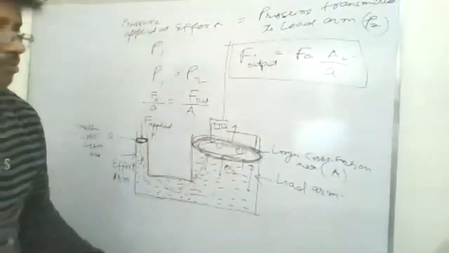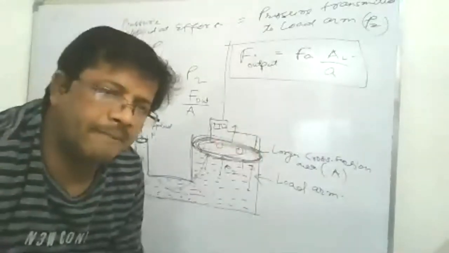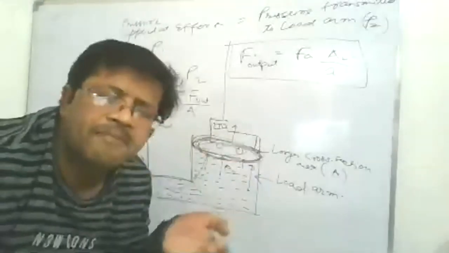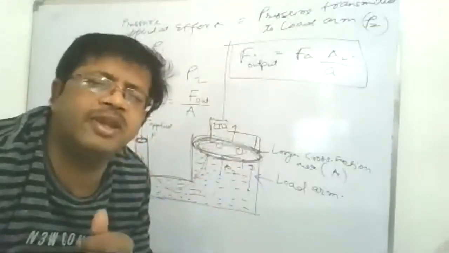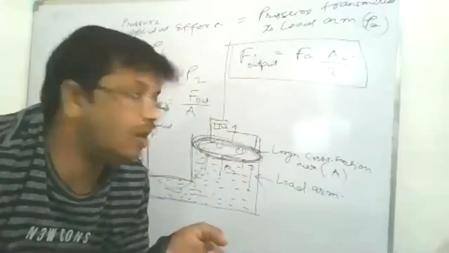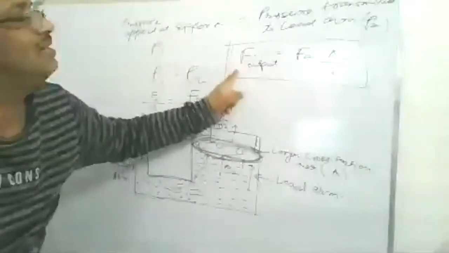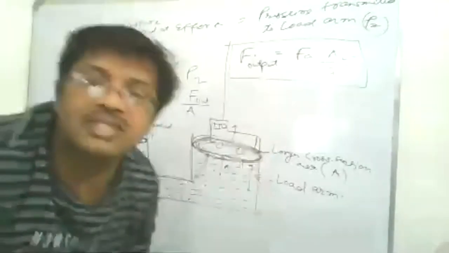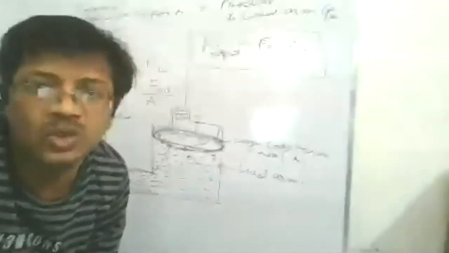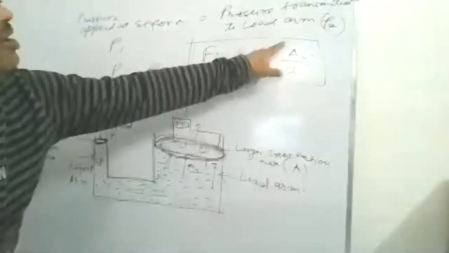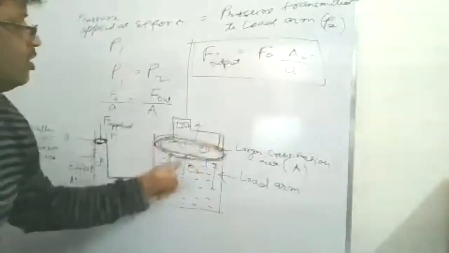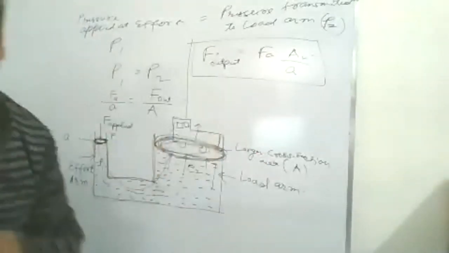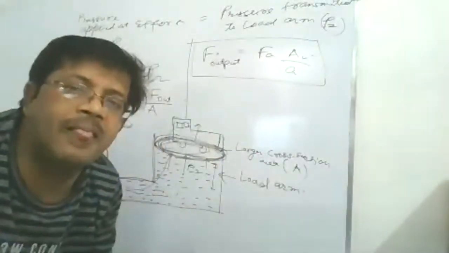What is the purpose of this lift? By applying a lesser amount of force, we can lift a very large weight. So the force gain is very large. It equals the ratio of the cross section area of the piston of the load arm upon the area of the cross section of the effort arm.